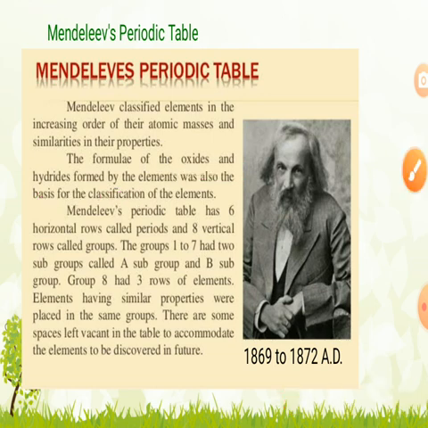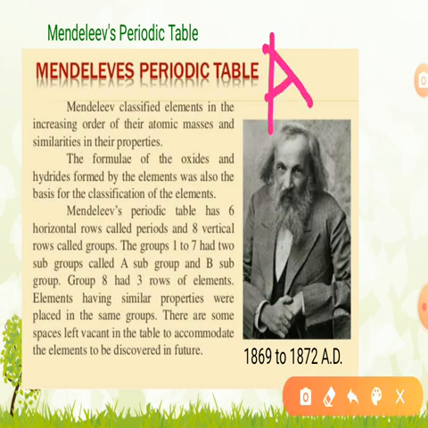Mendeleev found that elements with similar physical and chemical properties repeat after a definite interval in his periodic table. So the properties of elements are known to be a periodic function of the atomic masses.